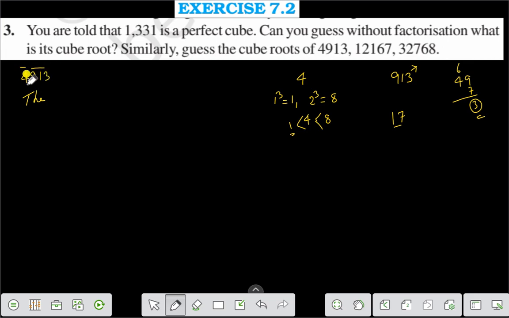We have to take the two groups, 913 and 4. First we are taking 913.